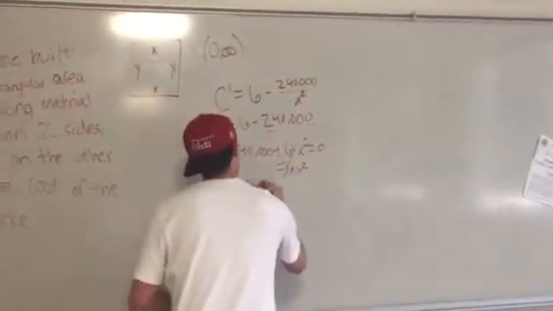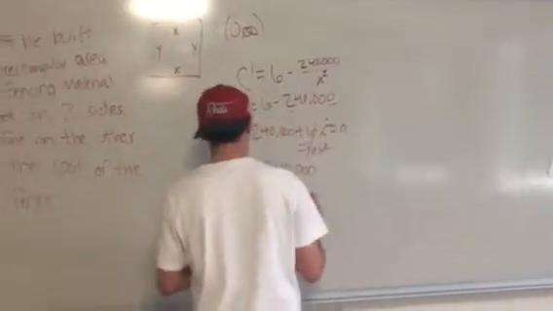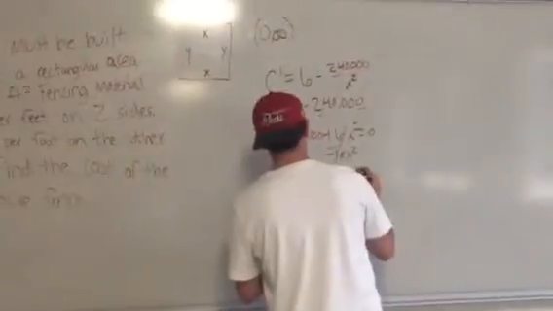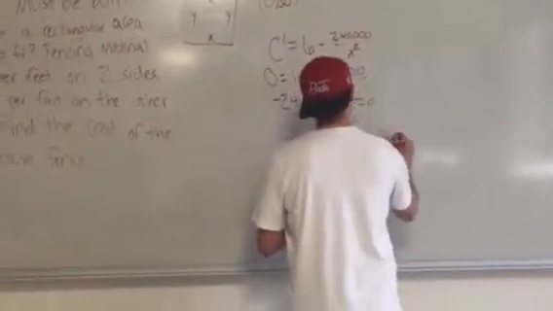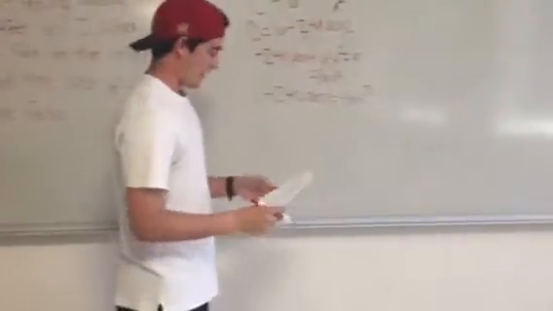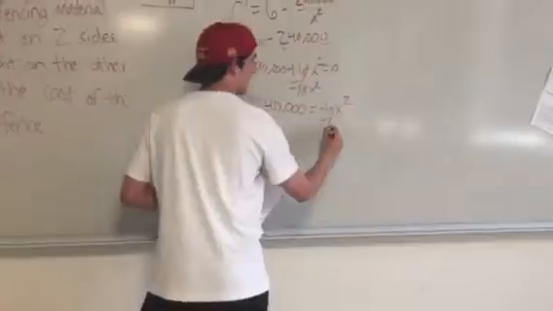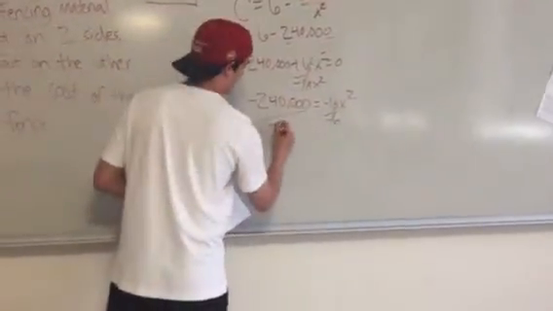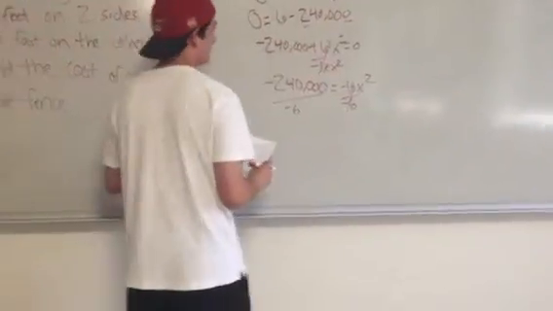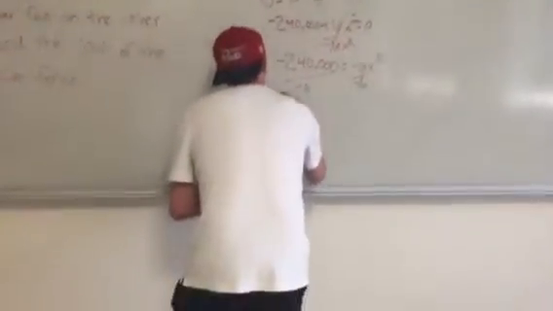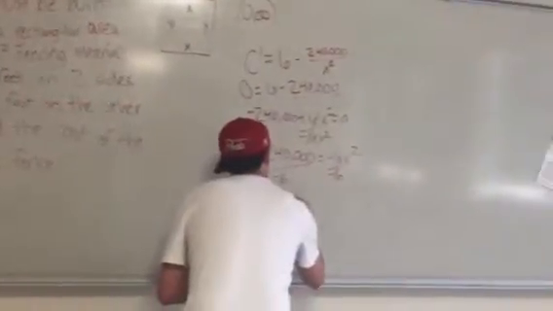So we're about halfway there, and let's divide both sides by negative 6, which gives x squared equals 40,000.